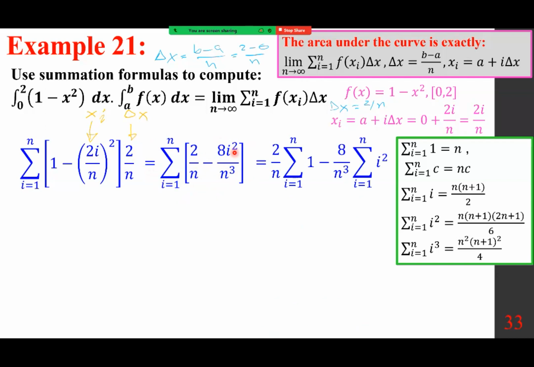Notice, I'm going to leave 1 in here, and over here, I must leave i squared because i goes from 1 to n. I don't have to leave those inside. Now, I'm going to evaluate each piece. This one, I'm going to replace it with n.